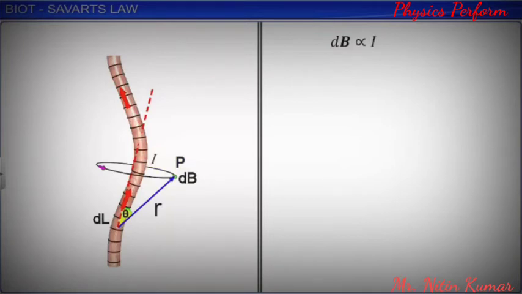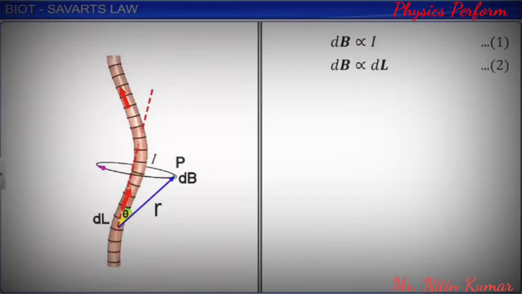Let this be equation 1. The magnetic induction dB is directly proportional to the length dl of the small element of the conductor. Let this be equation 2.